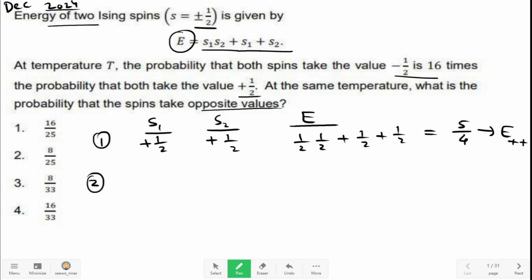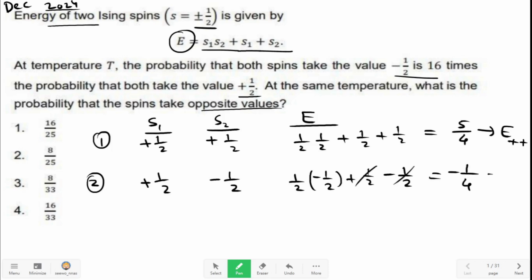Now the second configuration that we can have is S1 is equal to plus 1 by 2, S2 is equal to minus 1 by 2. In this case, energy is given by 1 by 2 times minus 1 by 2 plus 1 by 2 minus 1 by 2. This is equal to minus 1 by 4, since plus 1 by 2 minus 1 by 2 cancels. So this is the energy corresponding to S1 equal to plus 1 by 2 and S2 equal to minus 1 by 2, E plus minus.